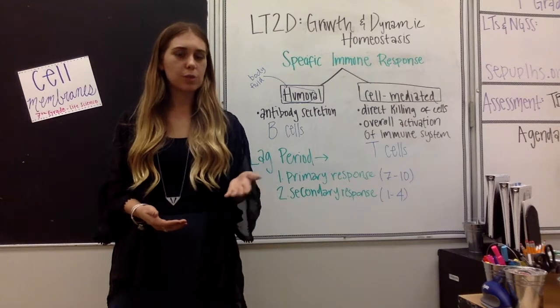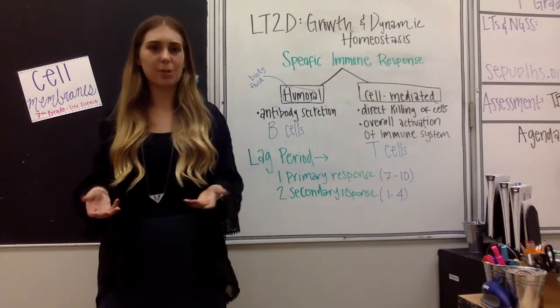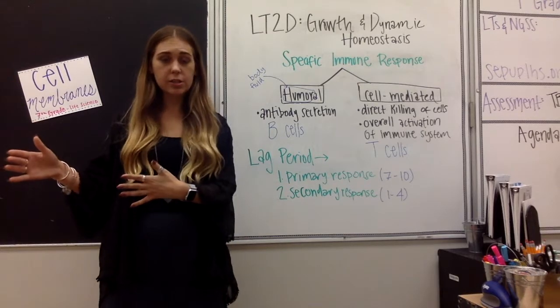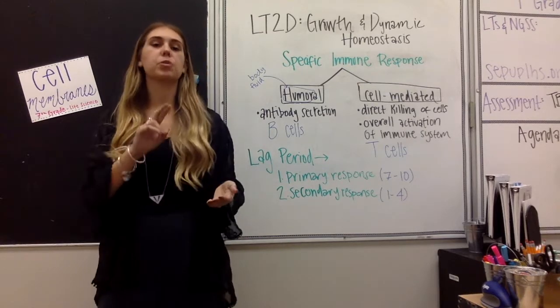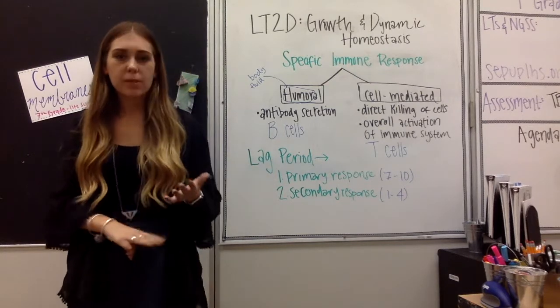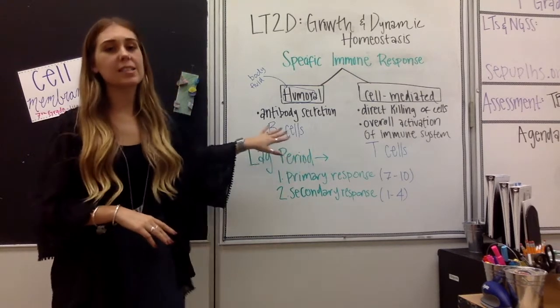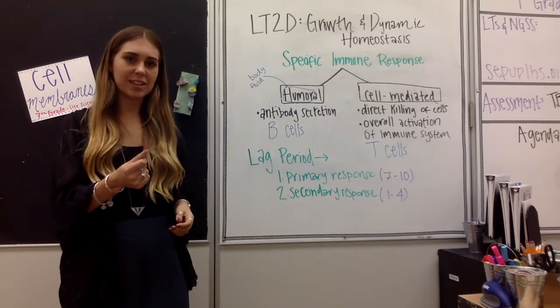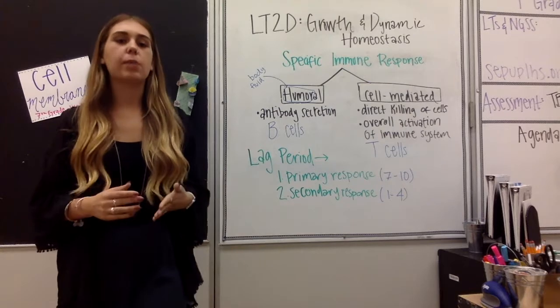Most countries would need some time to get ready. We are not just ready to go immediately once something occurs. We need to get all the troops, we have to call in extra support, we need to get weapons ready, and so on. Our body needs the same time. Our response doesn't happen immediately, so we have that lag period.